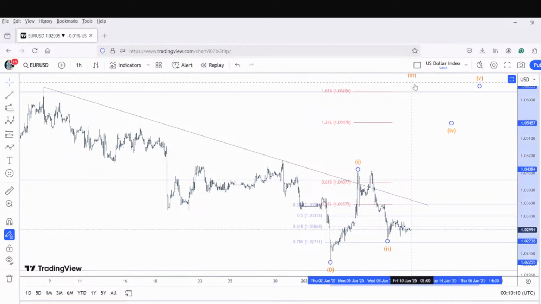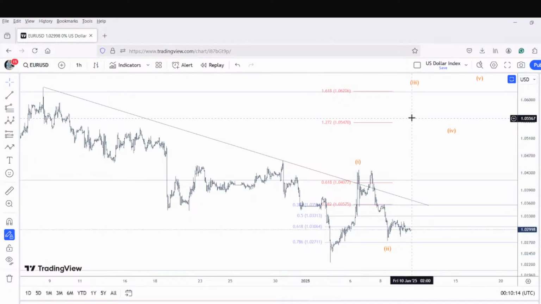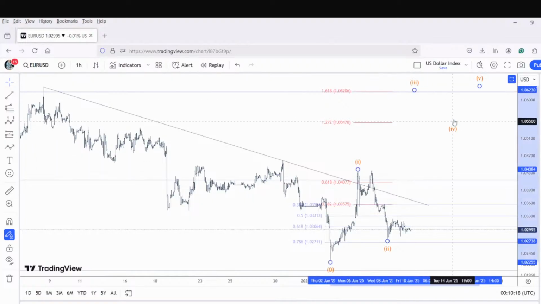Wave 3 first around the 1.0600, then a corrective drop. Wave 4 back towards the 1.27, and then rally to continue towards 1.07. All right.